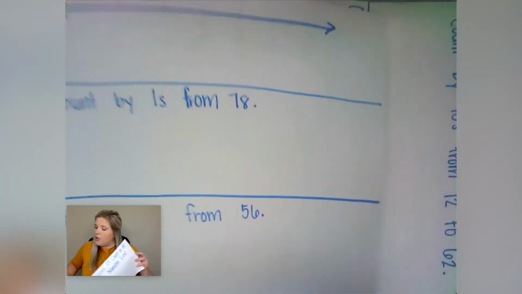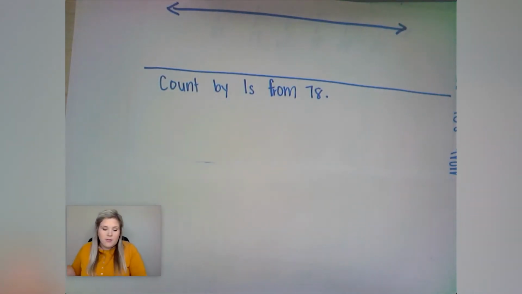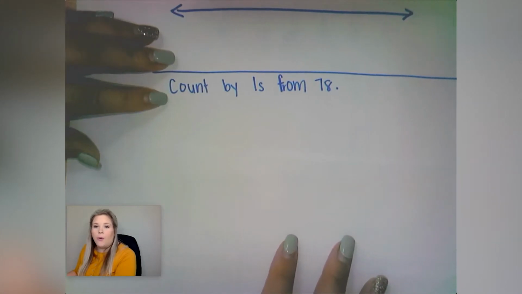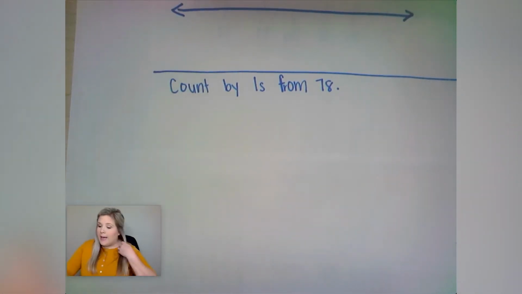First, I want you to watch as I label and use an open number line to count by ones from the number 78. And if you've got your paper out, you are more than welcome to draw your number line with me as I draw mine.